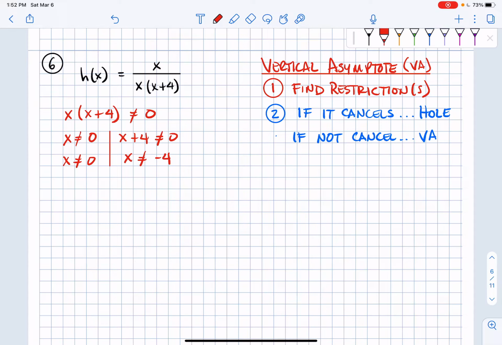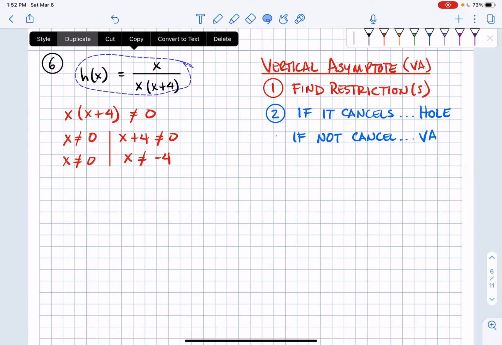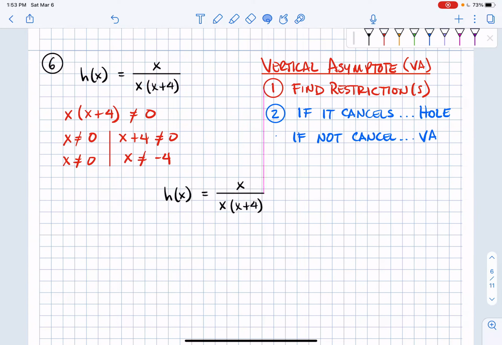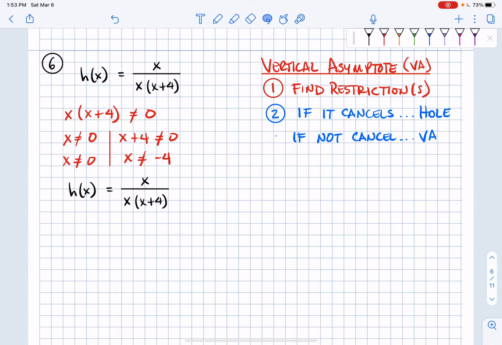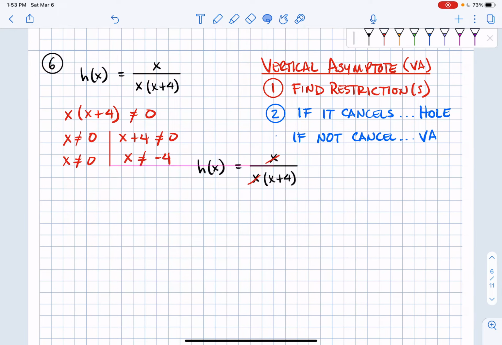Okay, so in that case, if I took this problem right here and simplified it, so let me go ahead and take this right here and duplicate it and bring it back down. If I was to simplify it, would you agree with me that the x's would really cancel, right? So with that being said, let me bring this over here to the side, it's easier.